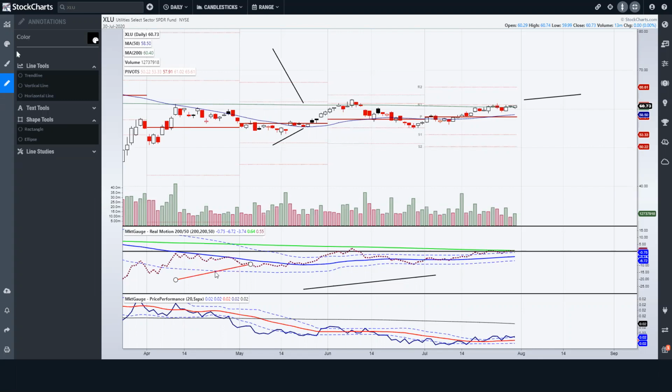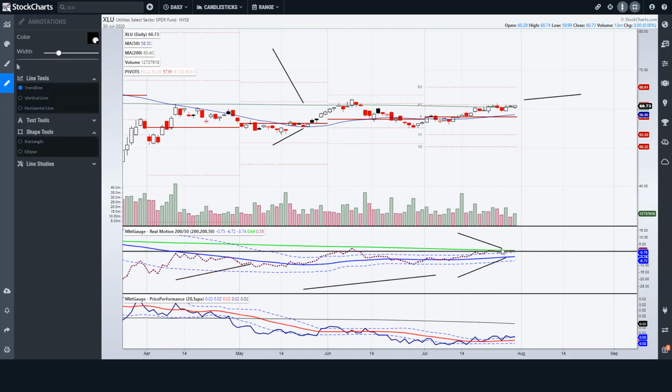And then we use moving averages of the movement beyond that baseline, and we do two of them. So you've got a 50-day of Real Motion, which is the blue, and you've got the 200-day. And I like to compare what Real Motion is telling us in terms of the moving averages compared to what the underlying price action is. So that is our Real Motion gauge.